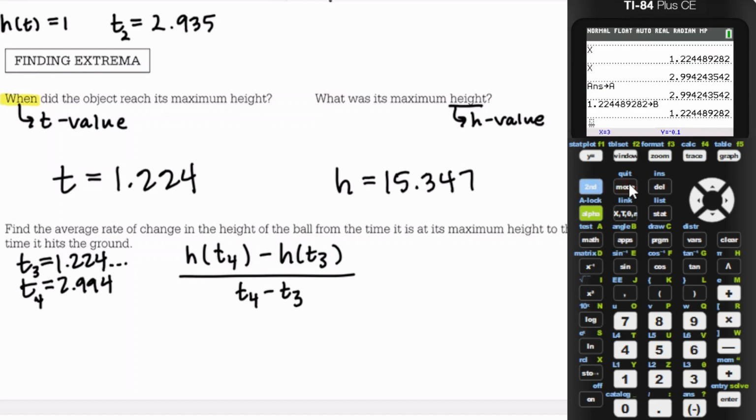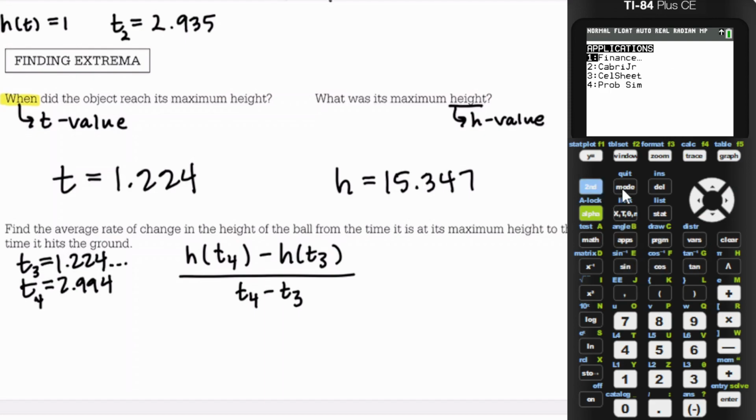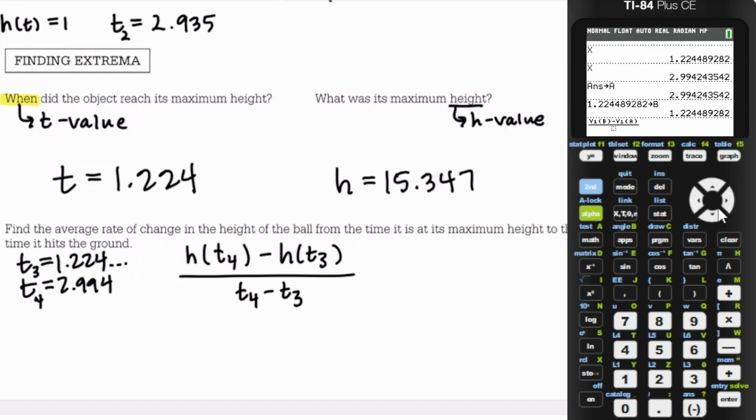Okay, I'm in here trying to call for y1 of B minus y1 of A divided by B minus A. It's a little frustrating having to click through all these things on the calculator.